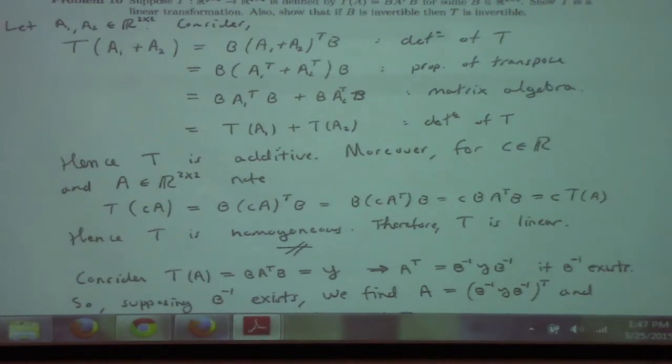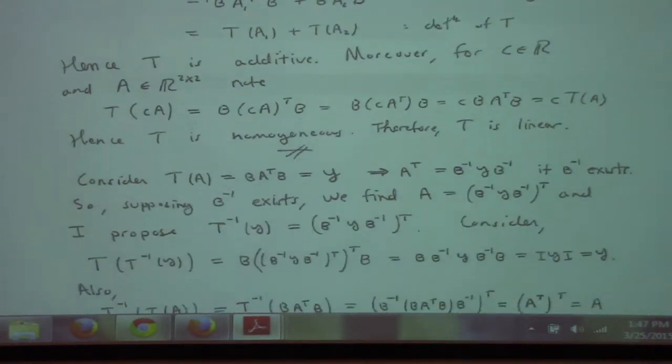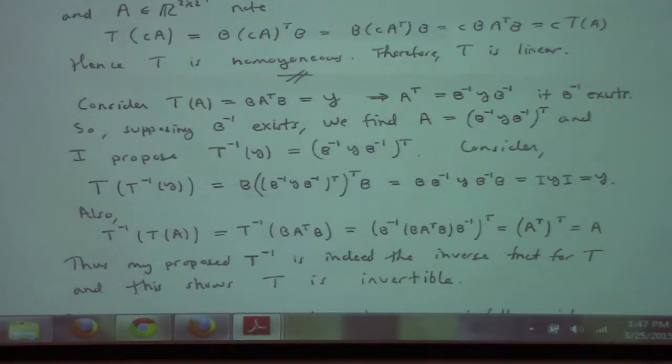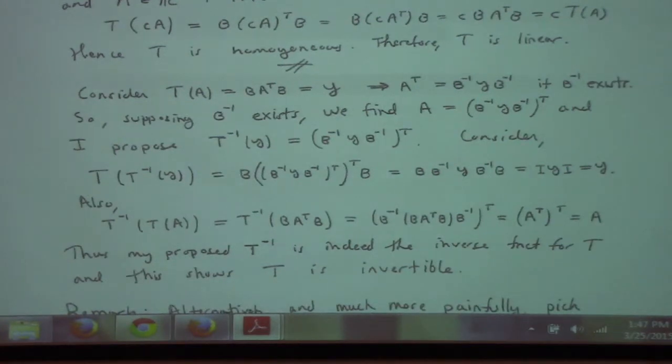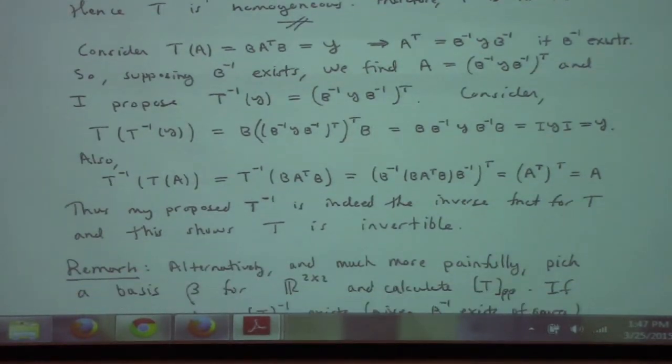That would be fine with me. I hope we understand the sub-story there: you take C equal to 1 to get additive, and take A2 equal to 0 to get homogeneous. I think I can let that go.